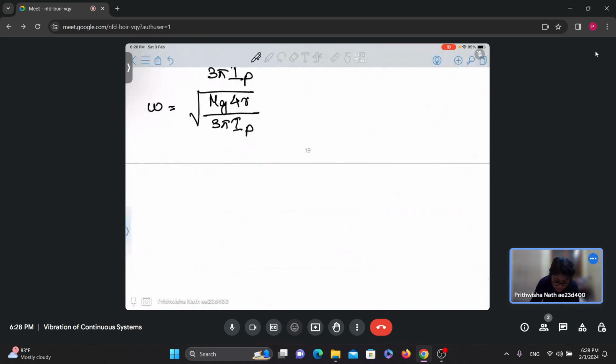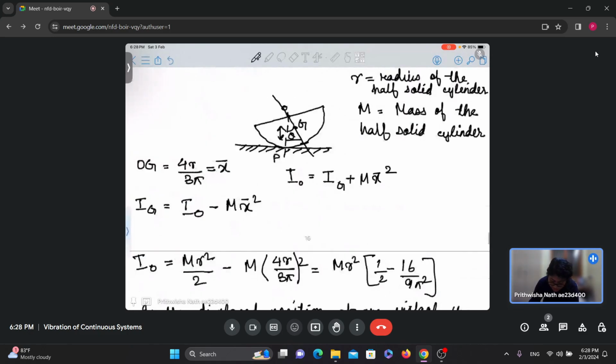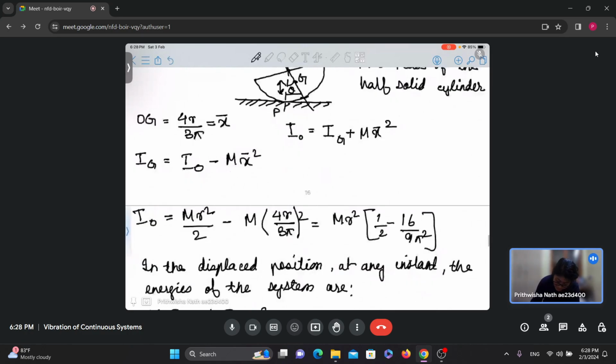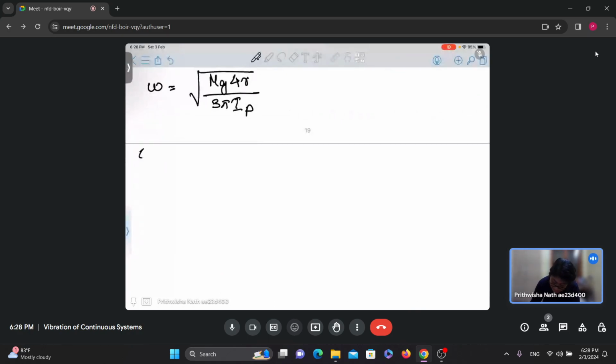Now from this figure we can see that GP equals OP minus OG. So we can write this as GP equals OP minus OG.